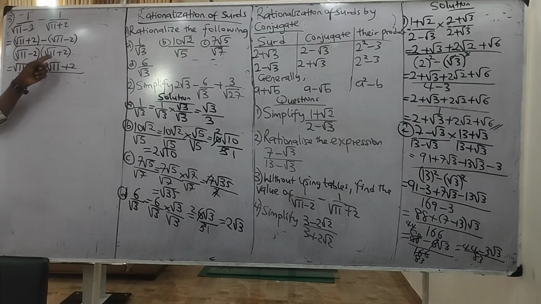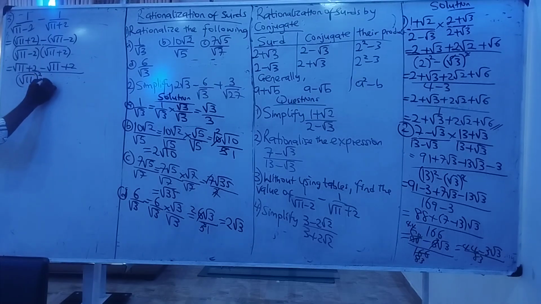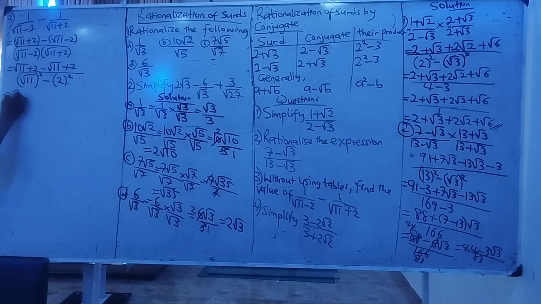Remember, these are conjugates of themselves. This surd is a conjugate of this. Can you see now? So how do we do that? Pick the first term, square it, minus pick the second term, square it. So let's bring this together. We have 2 plus 2 plus root 11 minus root 11 all over.